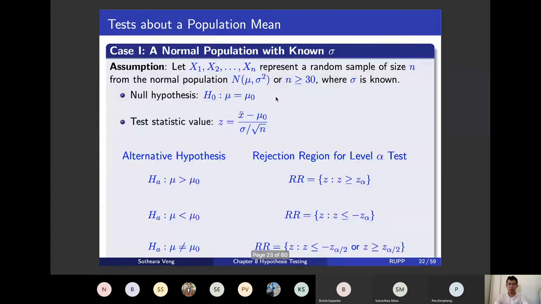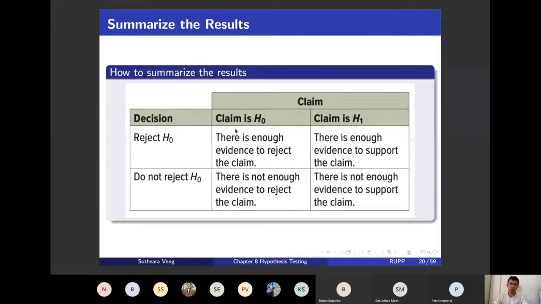okay, let's review a little bit here. This is just your claim. So we have two kinds of hypothesis: H0, which we call the null hypothesis, and H1, the alternative hypothesis.